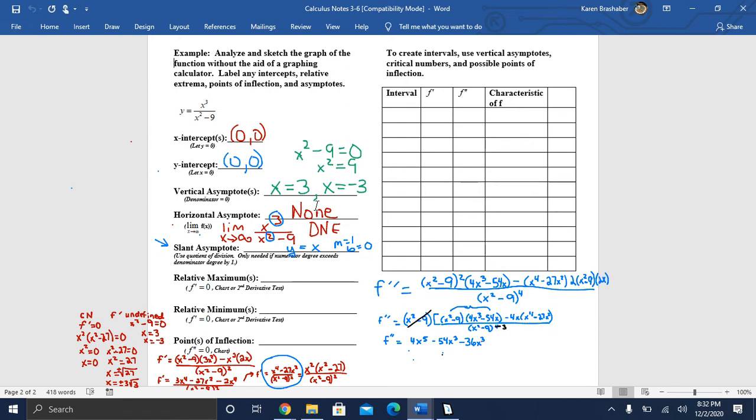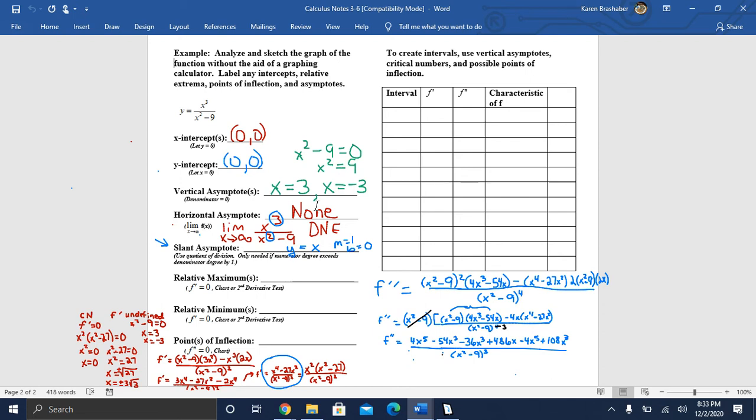Plus 486x, minus 4x to the fifth, plus 108x to the third. Be really careful with your positives and negatives in that whole process. And then the denominator, x squared minus 9 to the third.